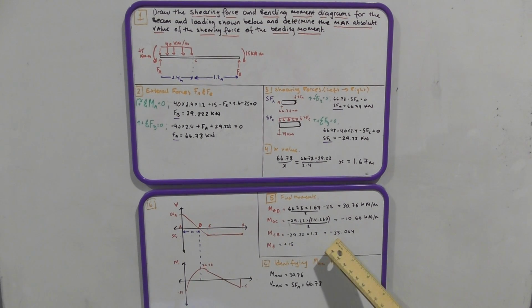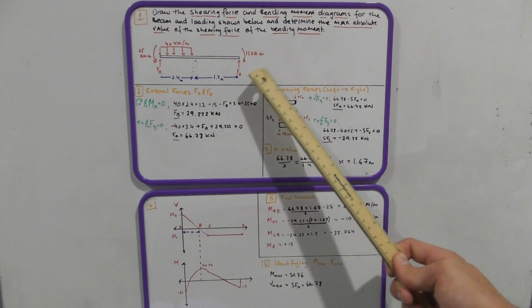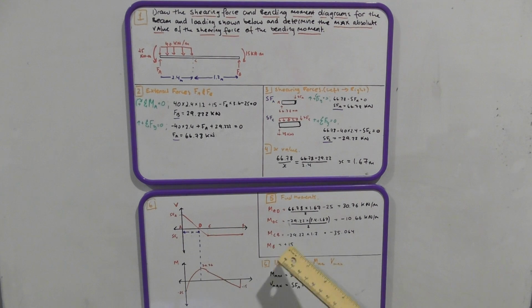And that will give us a negative 35.064. And then we will just draw a straight line from there to the end, point B. However, we're not done because we still need to account for that moment of 15. So we will add 15, and you will find that this moment diagram will conveniently end on the axis, as it should.